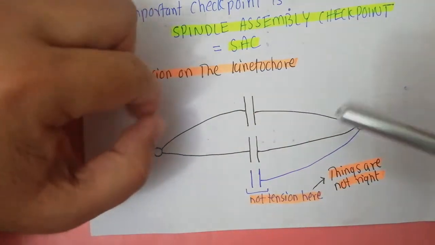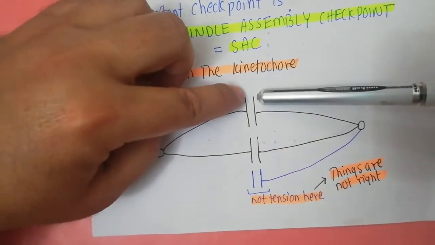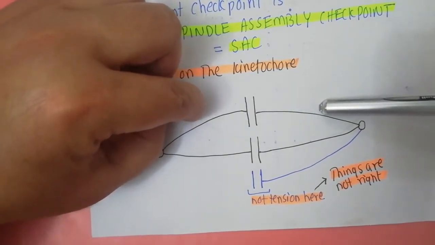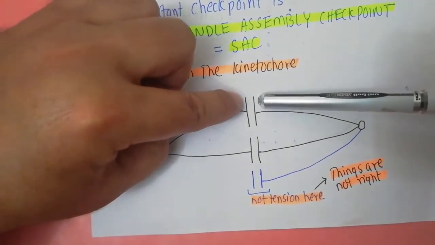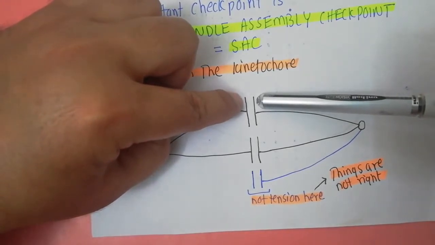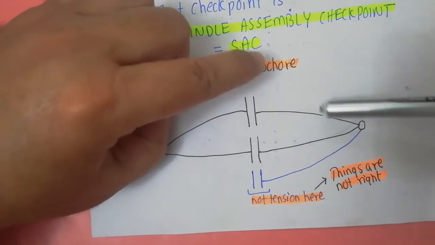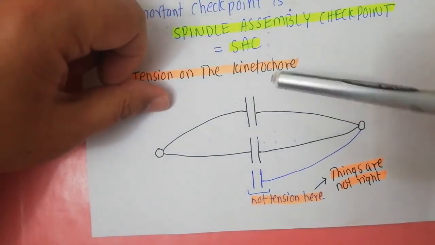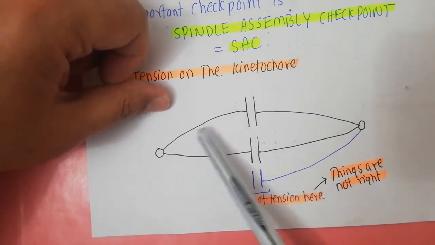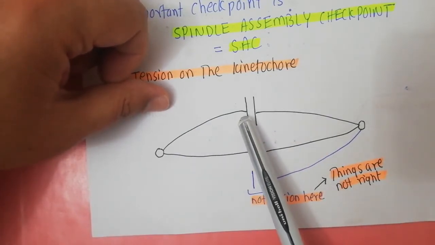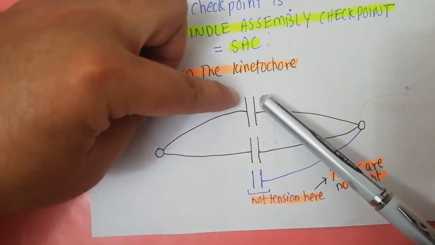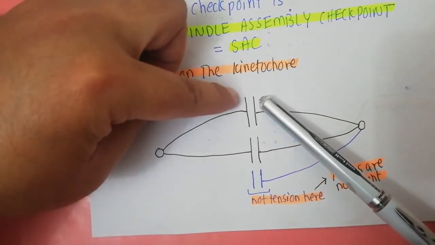Now, if the microtubules are pulling these two sister chromatids in the opposite direction, the problem is that these two members are attached to each other by the cohesin proteins, so a tension is created on the kinetochores, because this kinetochore microtubule is attached to the kinetochore on this sister chromatid, and this kinetochore microtubule is attached to the kinetochore on this particular sister chromatid. So if you are pulling them and they are attached to each other, there is a tension created on the kinetochores.